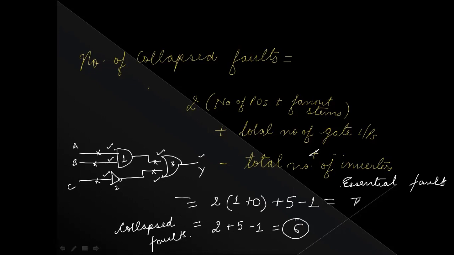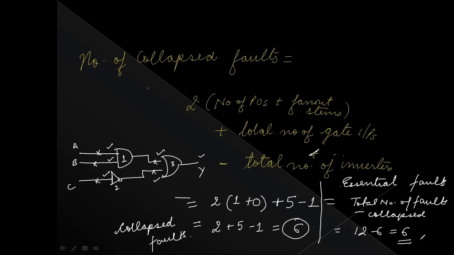It will be the total number of faults minus the collapsed or reduced faults. So that is 12 minus 6, which is equal to 6.